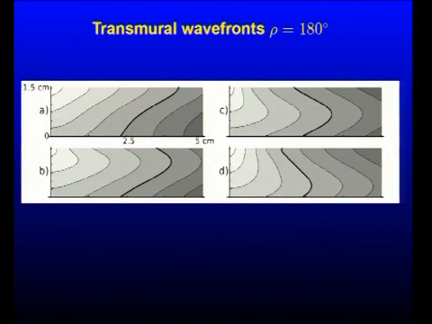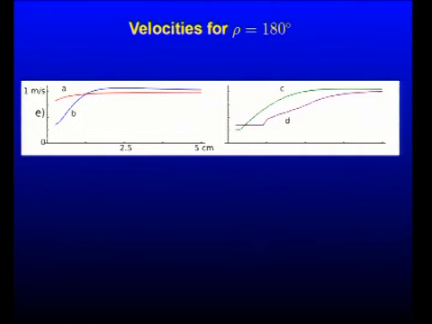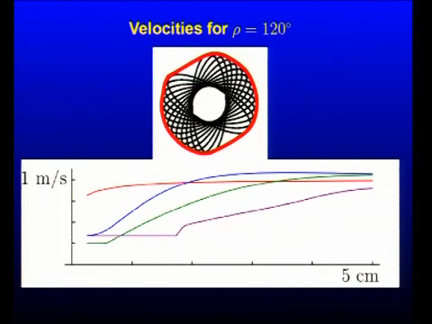What is in reality? This shows some simulations with 180 degrees rotation, and we see circular shapes. If we go to transmural sections, then we see that wavefronts pretty fast establish some stationary shapes, and indeed start to propagate with a constant velocity, and these velocities will be close to the maximum velocity here, which is about 1 meter per second.